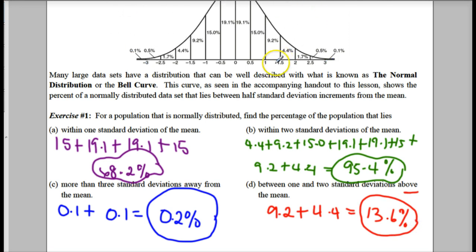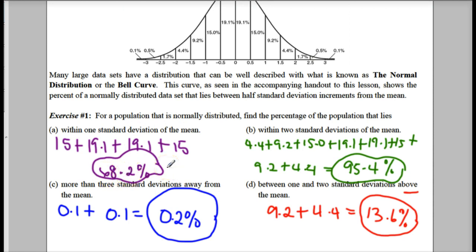There are numerous questions that you need to know, on the reference sheet for you to look at. It can be easily seen from exercise 1, which we just did, that the majority of the normal distribution population lies within one standard deviation, the vast majority. So within one deviation, here was 68.2.